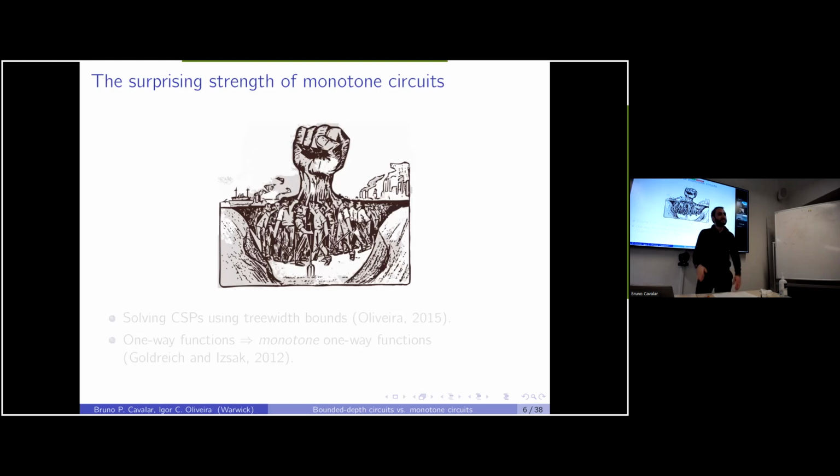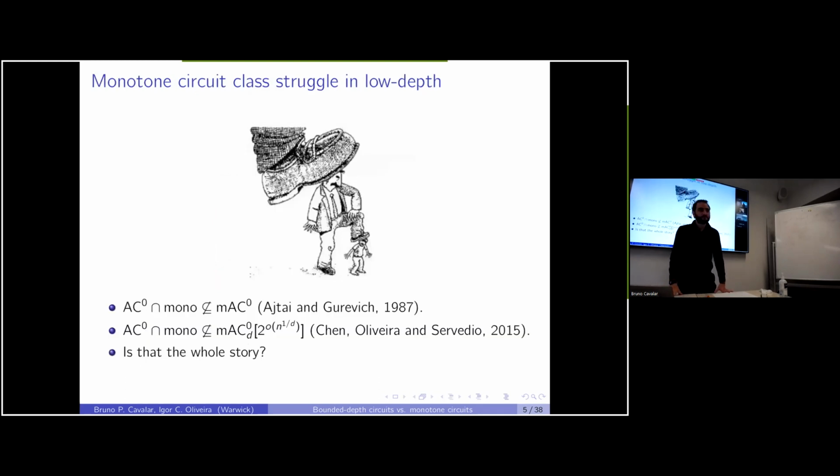Yes, please. On the previous slide, was that for every D? Yeah. So the question is if this is for every D. Yeah, for every D, you get a lower bound like this. So if you go for a larger depth, you will get a worse lower bound. But here the depth is fixed.